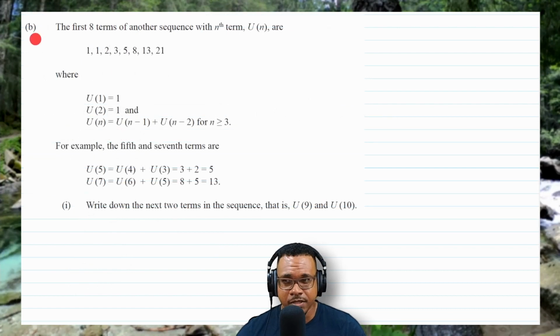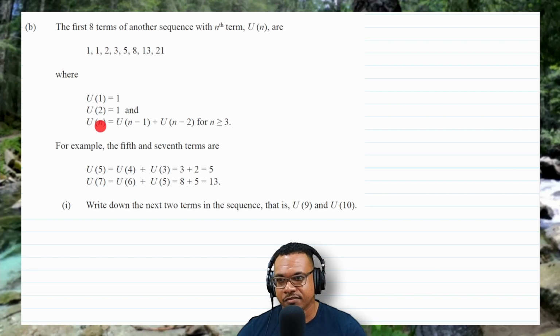So moving on to part B now, we have the first 8 terms of another sequence, with the nth term being un, which are 1, 1, 2, 3, 5, 8, 13, 21. So here it's saying that u1 is the first term, which is 1. u2 is the second term, which is this 1 here.